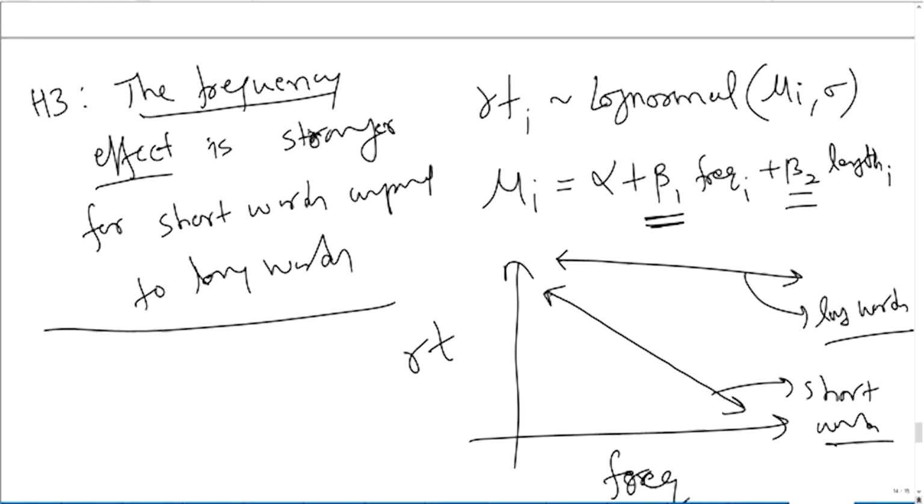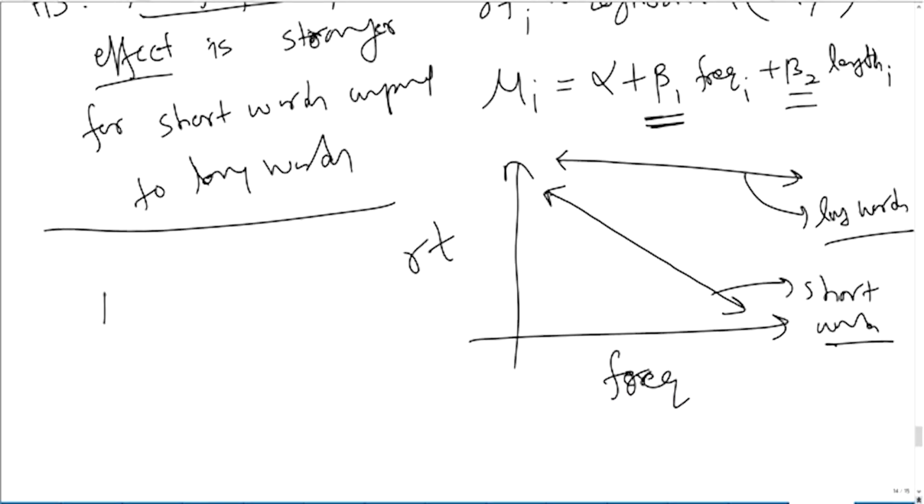So, the statement is about the difference in slope or the difference in frequency effect between short words and long words, right? So, let us say some parameter beta 1 short represents the slope between frequency and RT for short words. Okay, and beta 2 short represents the slope between RT and frequency for long words, right?